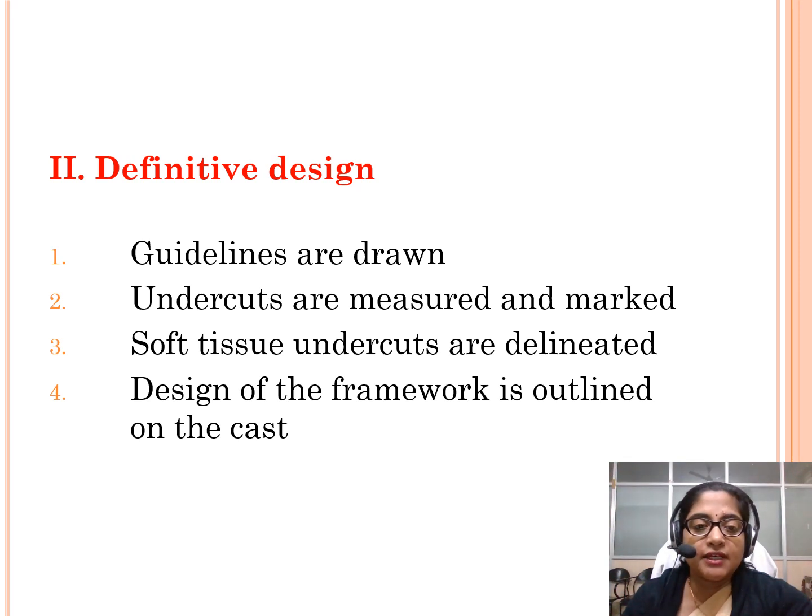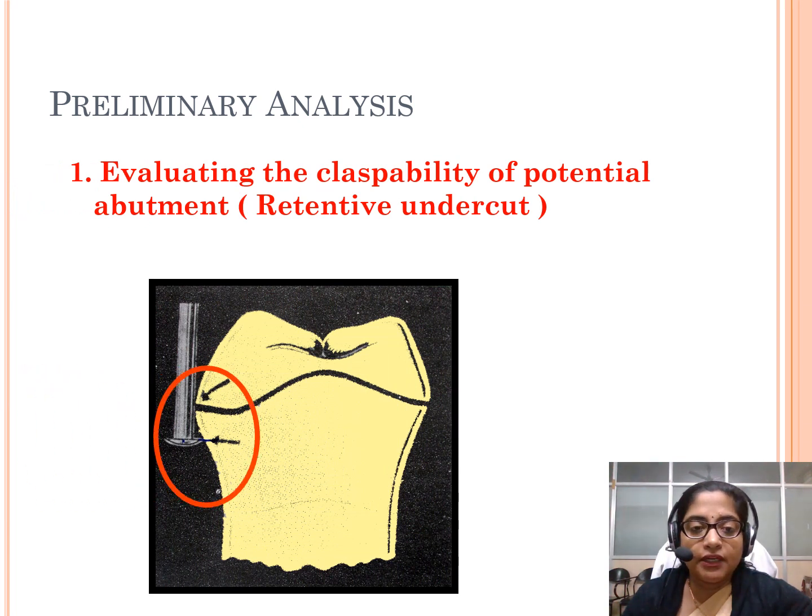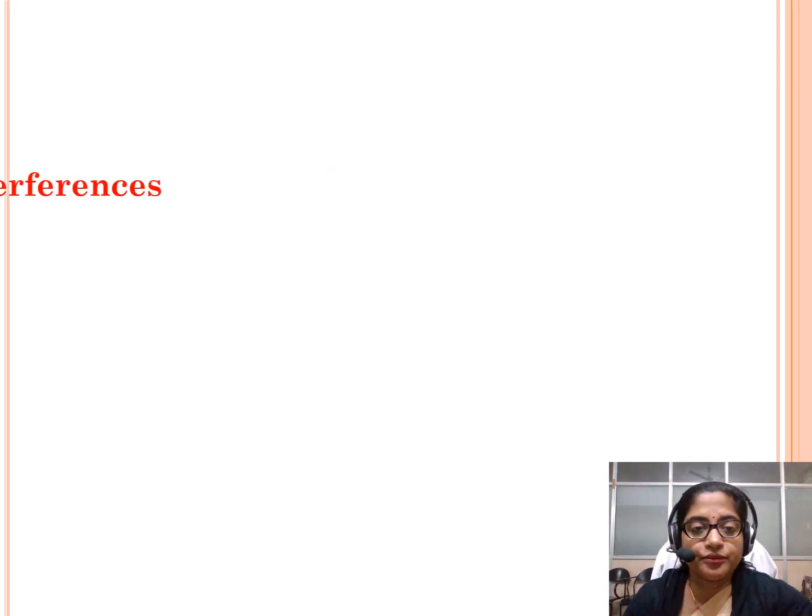For definitive design, guidelines are drawn, undercuts are measured and marked, soft tissue undercuts are delineated, and the design of the framework is outlined on the cast. Now coming to the preliminary analysis. First, to evaluate the claspability potential of the abutment, that is the retentive undercut. Here you can see that there is a survey line, and in the infrabulge area we are measuring the depth of the undercut using an undercut gauge.